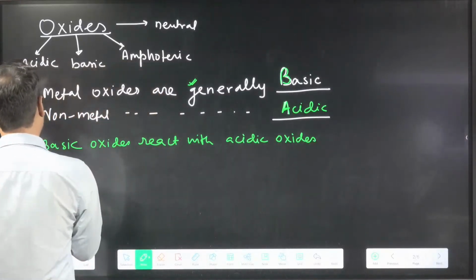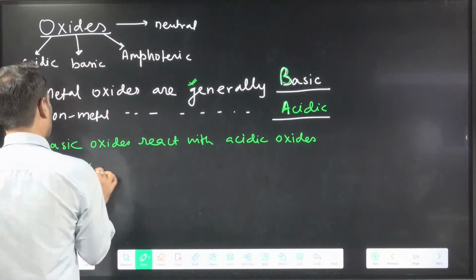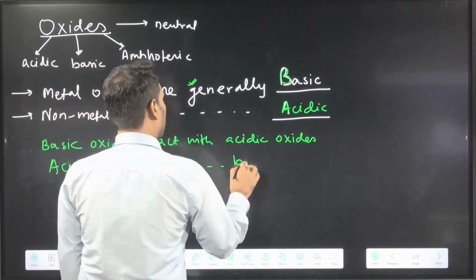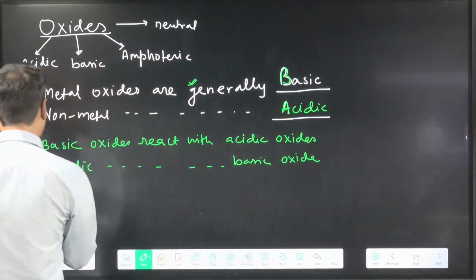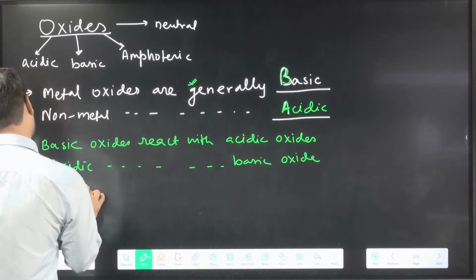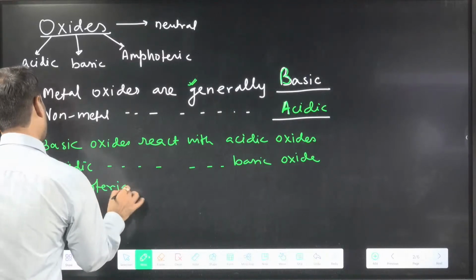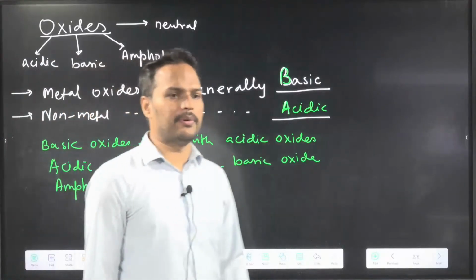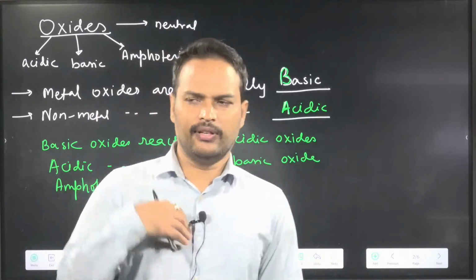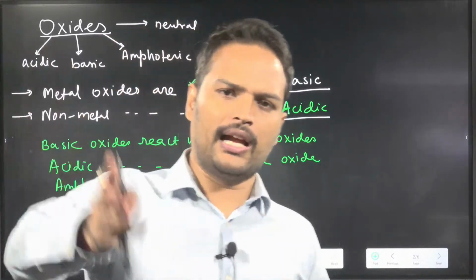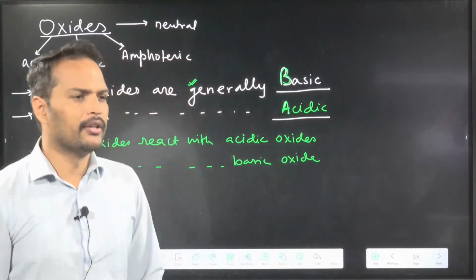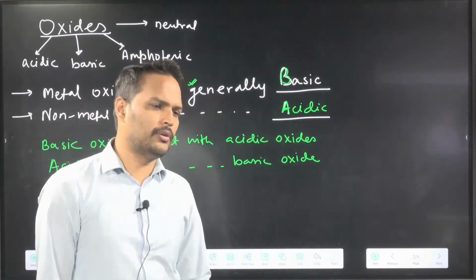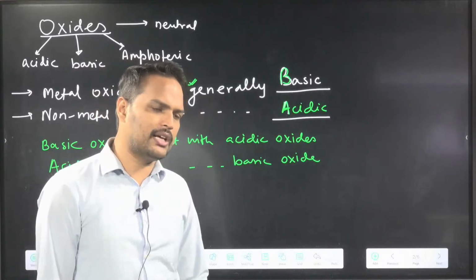If you are acidic, you will react with basic oxide. If you are amphoteric, acid will react with base, and base will react with acid. Simple logic. North pole will attract south pole, positive charge will attract negative charge.